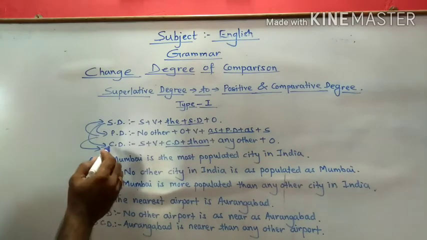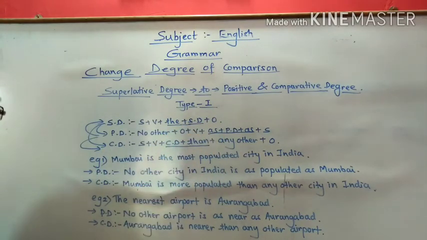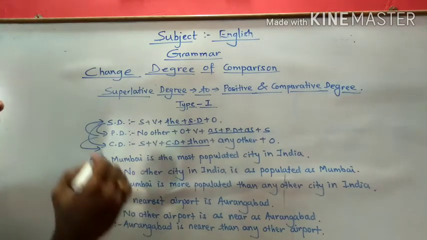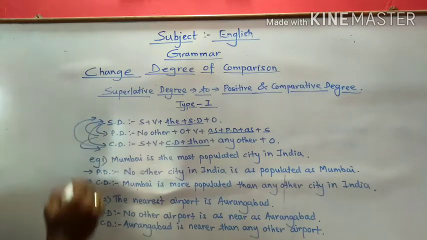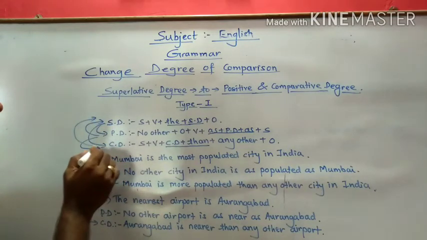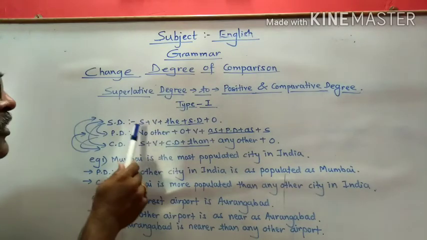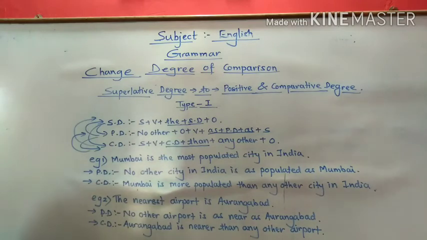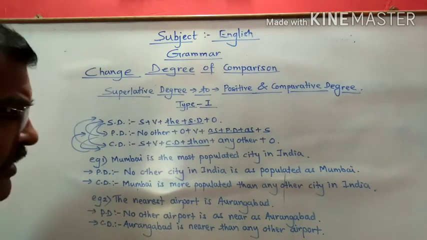Suppose you got the comparative degree sentence in this form and they ask you to change it into superlative degree, then you can change it in this form. Similarly, you can change that comparative degree sentence into positive degree in this form. Means all these three constructions can be interchanged and used according to the need.